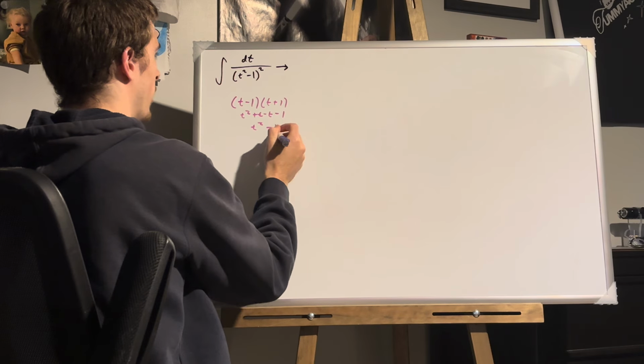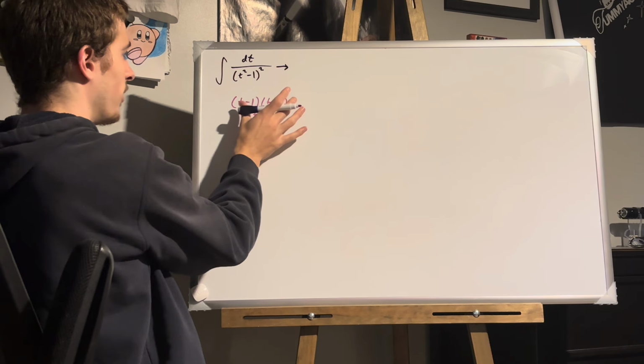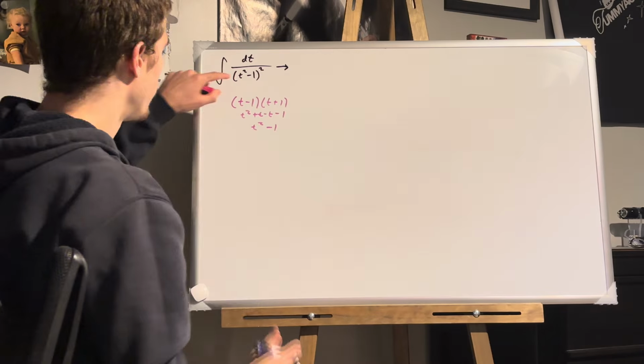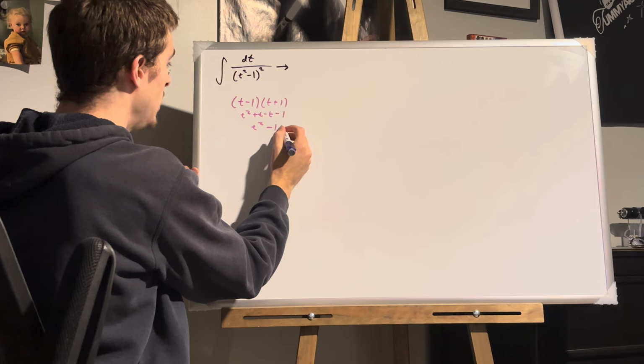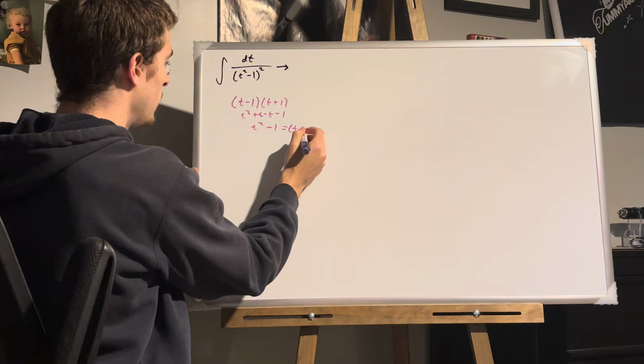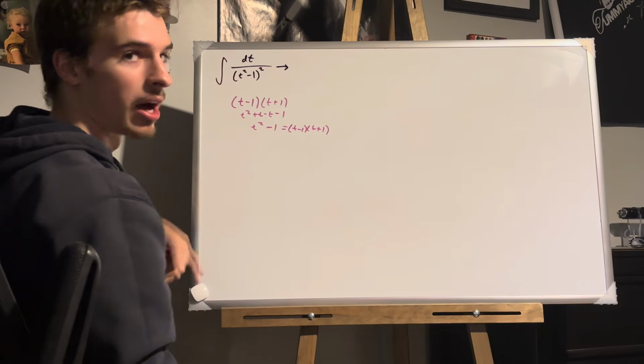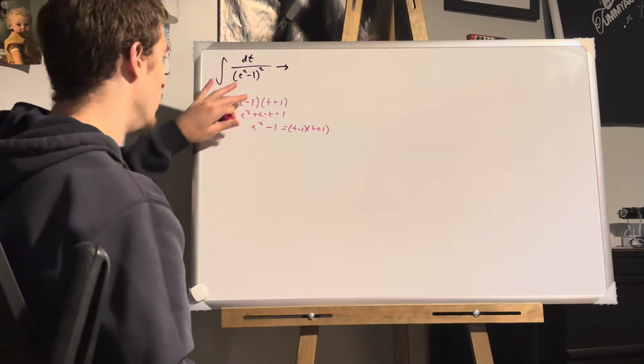So that's just t squared minus 1. That's what this is, okay? The inside, t squared minus 1, is equal to t minus 1 times t plus 1, okay? And what we do is just factor it out. That's the strategy that you start with if you need to.